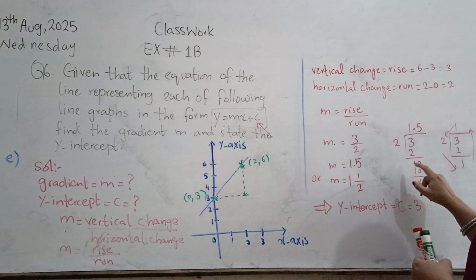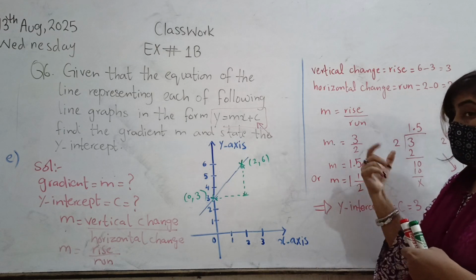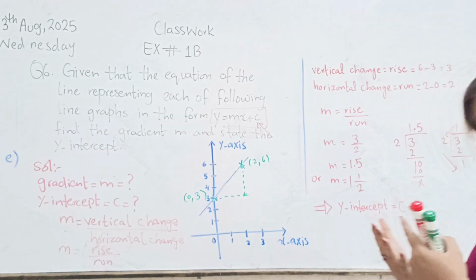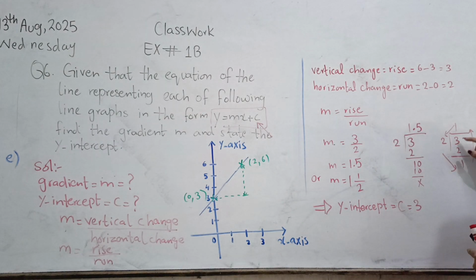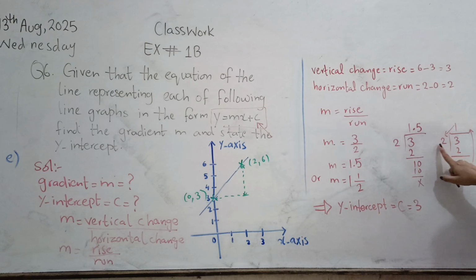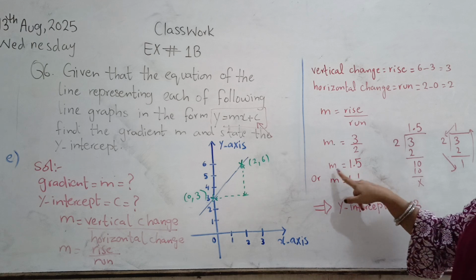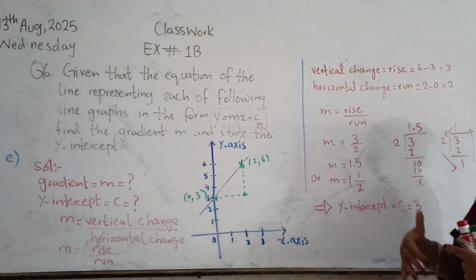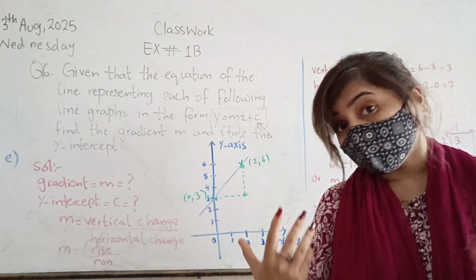In decimal it comes this way, and if you write the answer as a mixed fraction, it will be like this. 2 ones are 2, minus, 1. You write this value as the whole number, this becomes the denominator, and the remainder becomes your numerator. So the answer given in your book is this, but you have to know how to write it in decimal as well as in improper fraction.